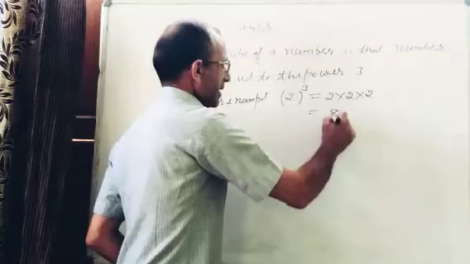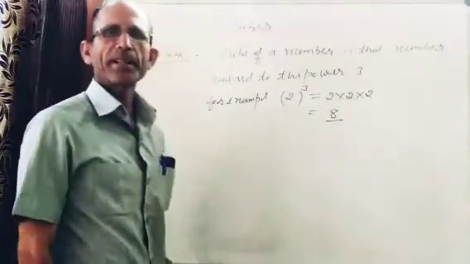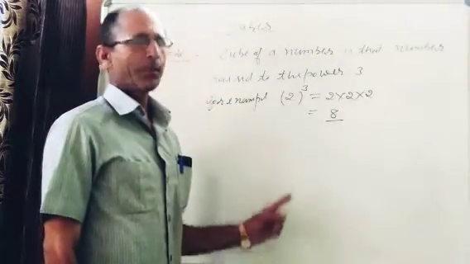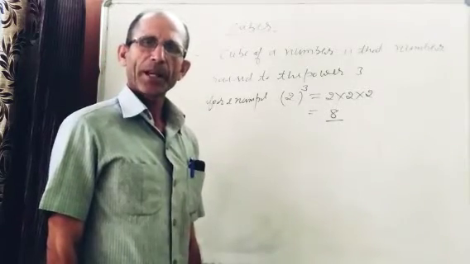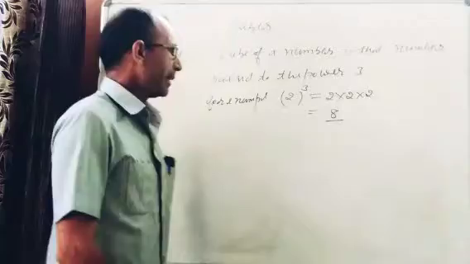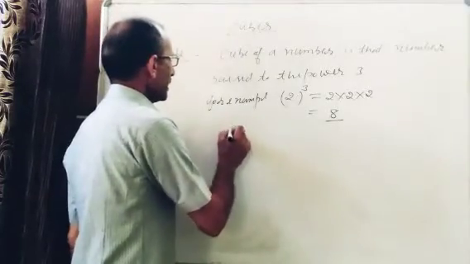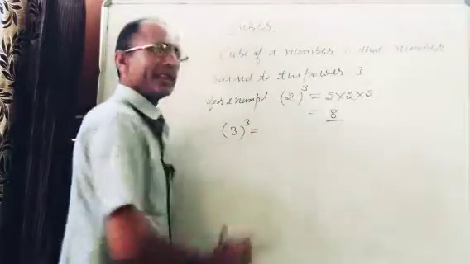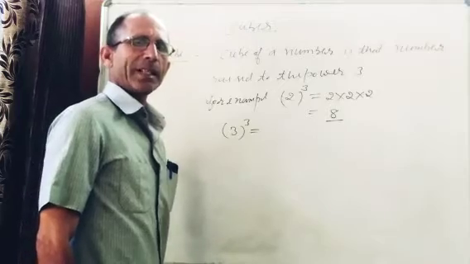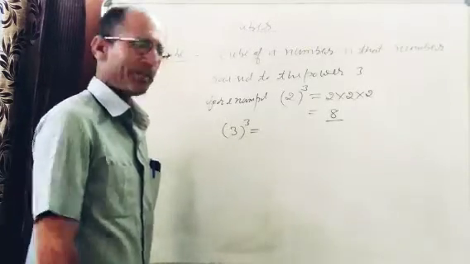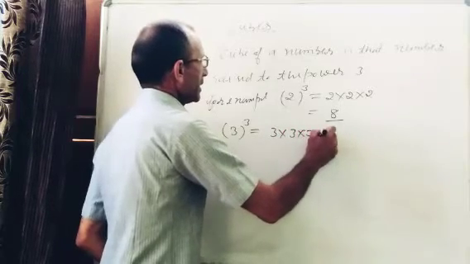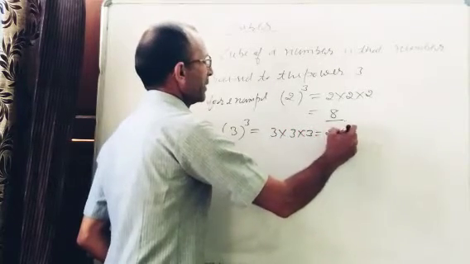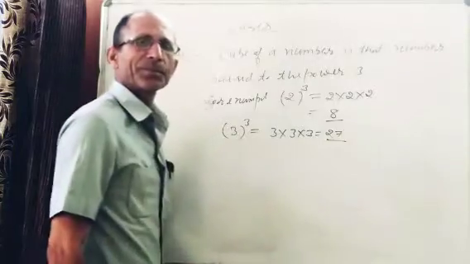So the result is 8. Therefore the cube of 2 is 8. Have you understood? Next, 3 raised to the power 3. It means 3 is multiplied 3 times. 3 multiply 3 multiply 3, so it will be 27.